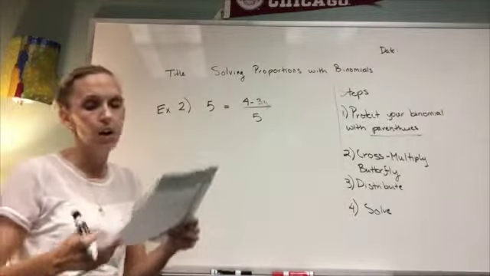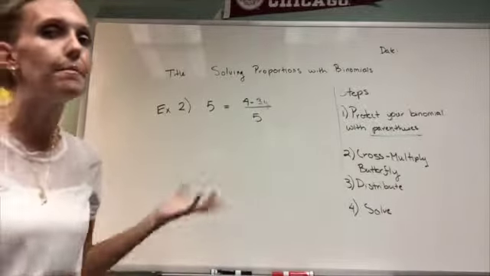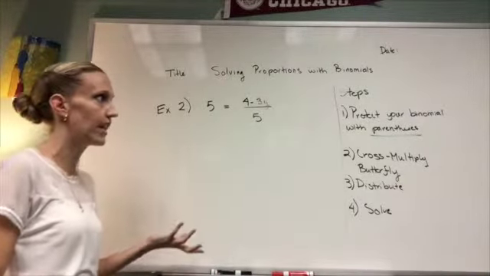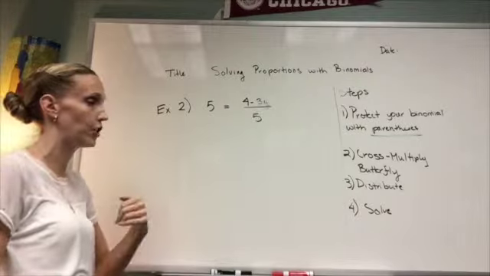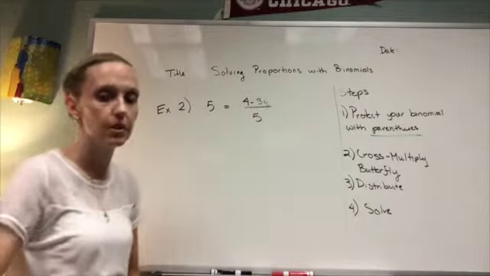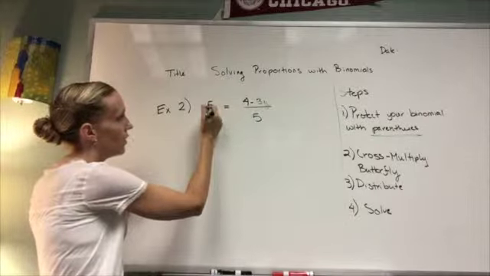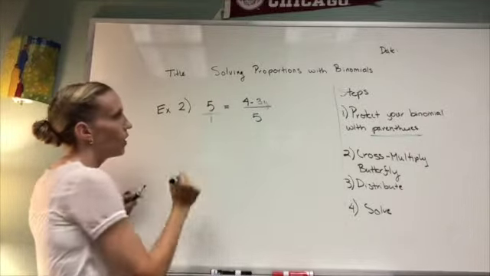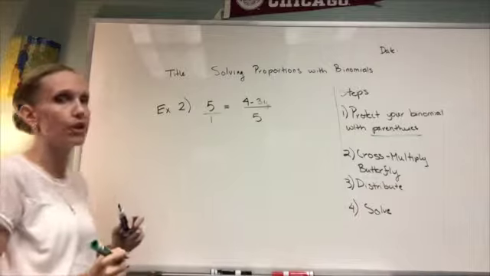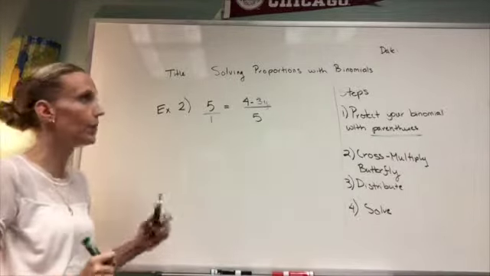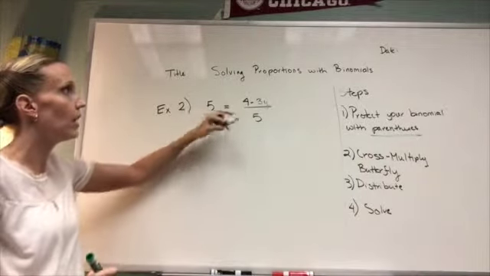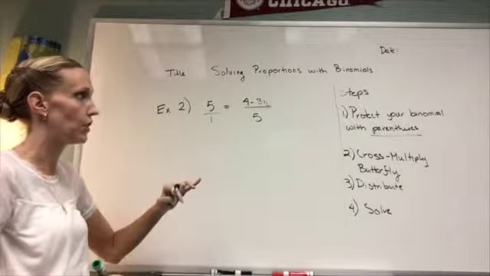Okay? Well, you're going to say, wait a minute, this isn't a proportion because it's technically not a fraction equaling a fraction. But it really is, because I can always add a 1 underneath a whole number. I can always change that into a fraction. So that's what I'm going to do. It really is 5 over 1 equals this fraction.